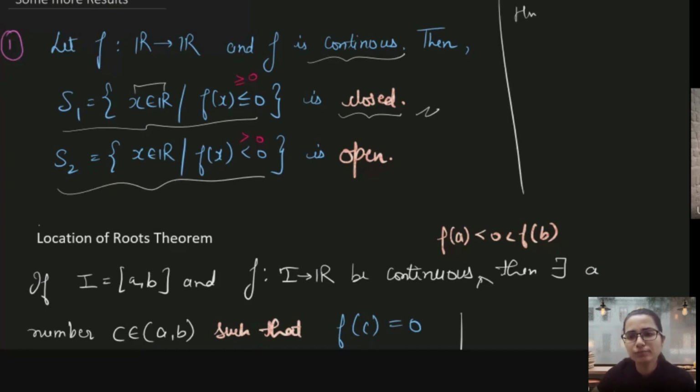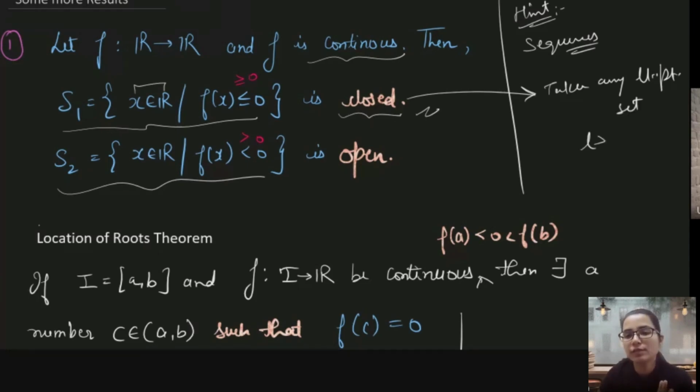I'll give you the idea of the proof of this question. You can use the idea of sequences. If you want to prove that this set is closed, you can take any limit point, let's say L, of this set. For any limit point of a set, you can always find a sequence that converges to this limit point.